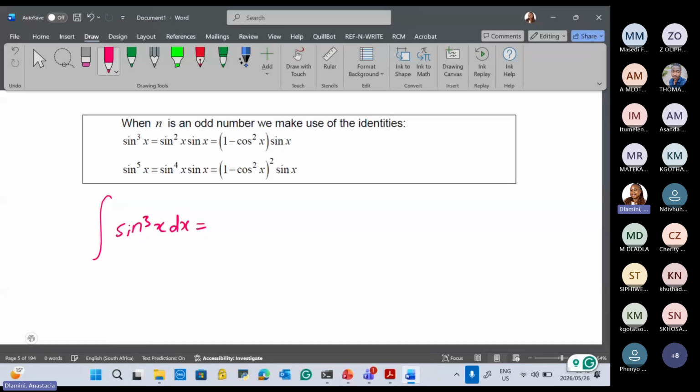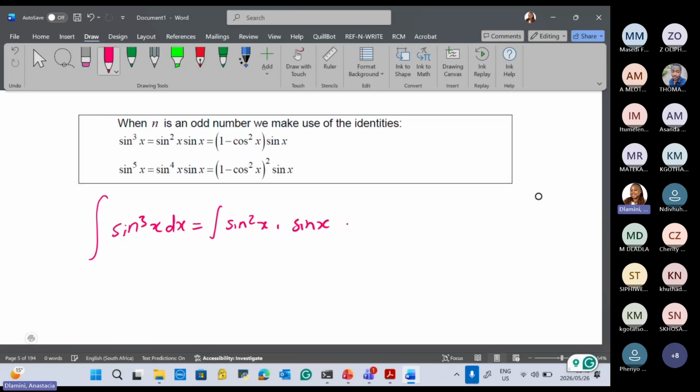So remember, when it's odd, we split, cos squared x times sine x dx. Then we use the identity sine squared x plus cos squared x equals 1. So sine squared x equals 1 minus cos squared x.